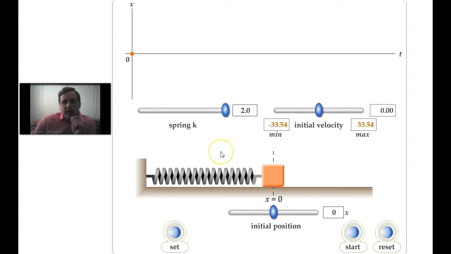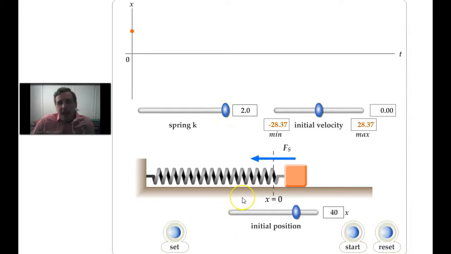Now what do you think should happen? Hopefully you paused the video and thought about it, but basically the idea is that there should be a larger Hooke's law spring force. If I have the same displacement that we had before, that is, the initial position is 40 centimeters, notice that with double the spring constant, we should have double the Hooke's law spring force.